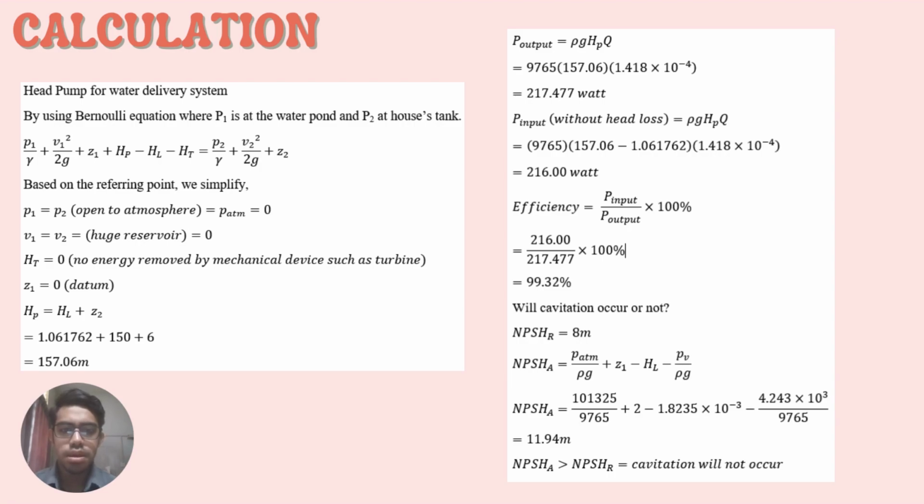Then we calculate the NPSH to identify whether cavitation occurs or not. The NPSHR given by the manufacturer is 8 meter, and we get the NPSHA is about 11.94 meter, and NPSHA is greater than NPSHR, hence cavitation will not occur.